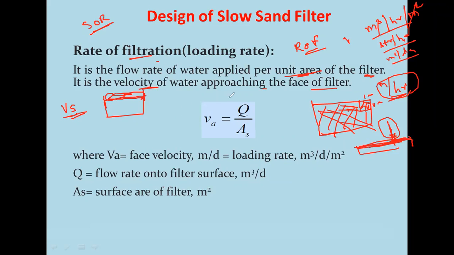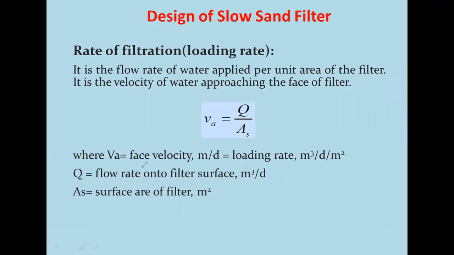What is the formula to find this rate of filtration? It is VA equal to Q upon AS, where Q is the rate of flow or the discharge taking place through that sand bed, and AS is the surface area of the sand bed. VA is the face velocity, which is measured in meter per day, or it may be measured in meter per hour, depending upon the unit you use.